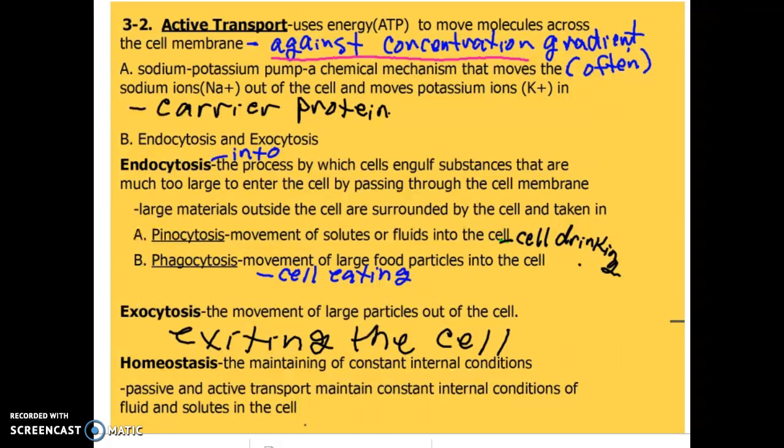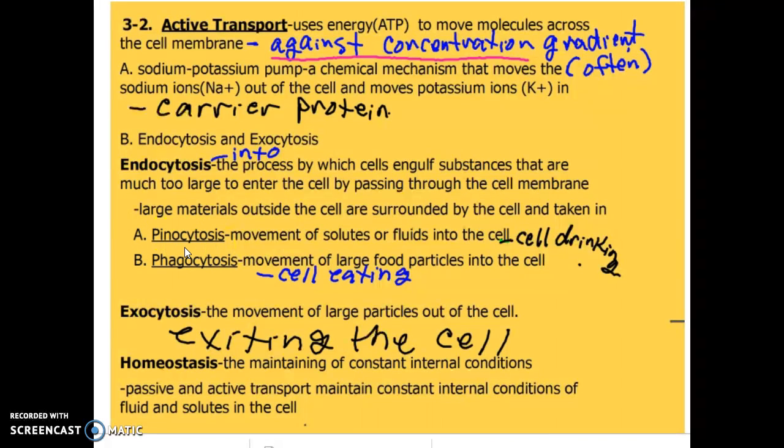Endo means into, so we always remember endo meaning enter, into. This is a process where cells engulf things that are really too big to go through even those protein channels in the cell membrane. We further break this down into two separate types of endocytosis.